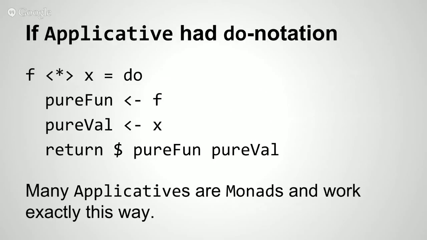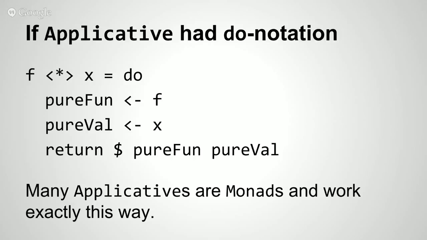So it doesn't matter which order you associate your functions in. Now, if applicative had do notation, or if you have an applicative that's also a monad, you can represent f app x as follows. You're doing pure fun, which means your pure fun gets f. So whatever side effects are in f happen, and then you get a pure value.